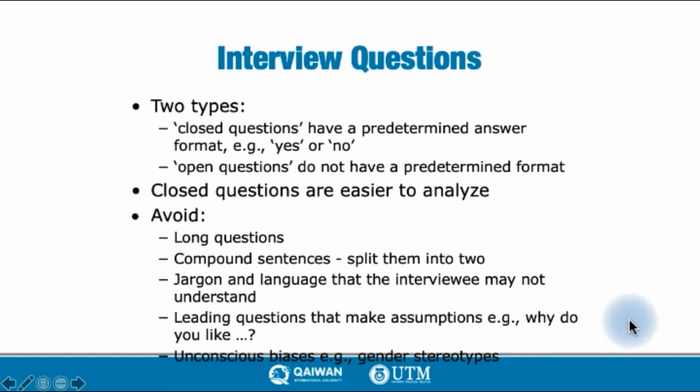But try to avoid, when you develop questions or questionnaires for your respondents, long questions and questions like why do you like. The users will be bored if your question is too long and they cannot understand, and they will get so tired to reply. Usually the users just want to give you answers in short terms.